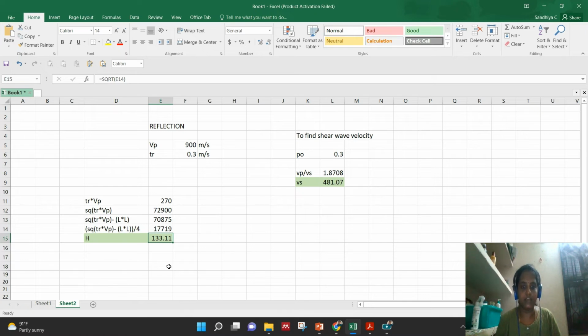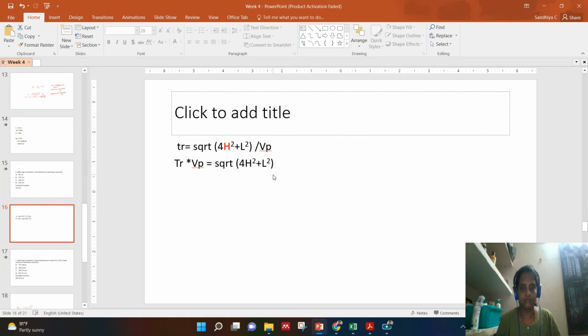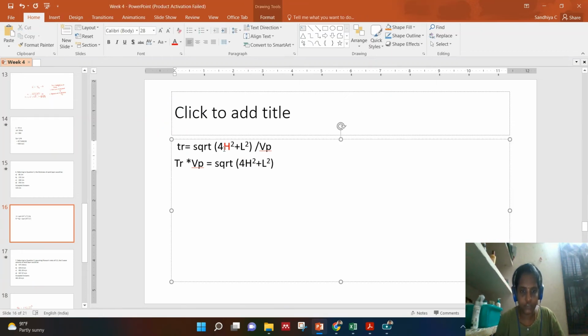From that equation we have to derive. See, we need this H value. So TR into VP. TR, we have to take this VP this side. Then TR into VP, we have to do squaring on both sides in order to remove that 4h square plus L square.